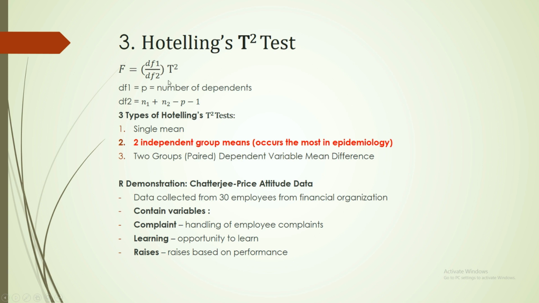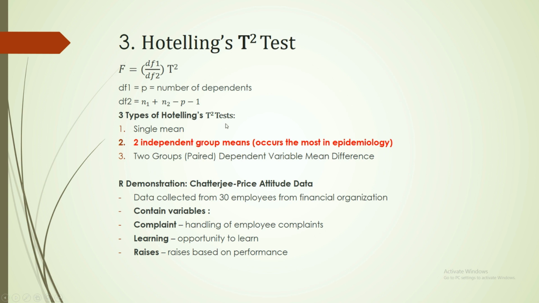The numerator of this fraction is the number of dependents that we're trying to test. So in the previous example, it's the number 3. For the denominator, we add the number of people in group 1 and the number of people in group 2, minus the number of the dependents in question, which is 3 following the previous example, and minus 1. And we have the F value.